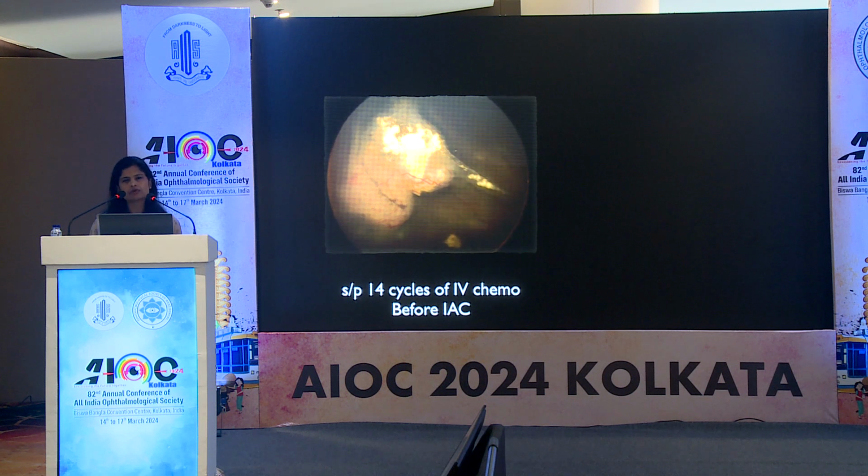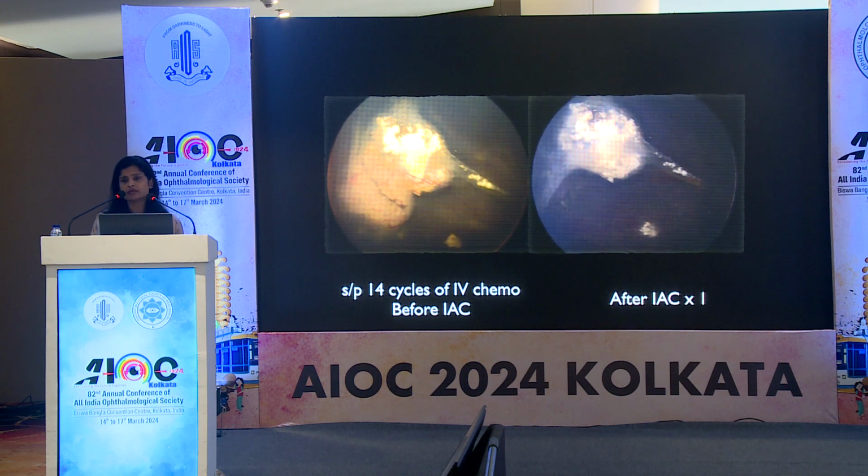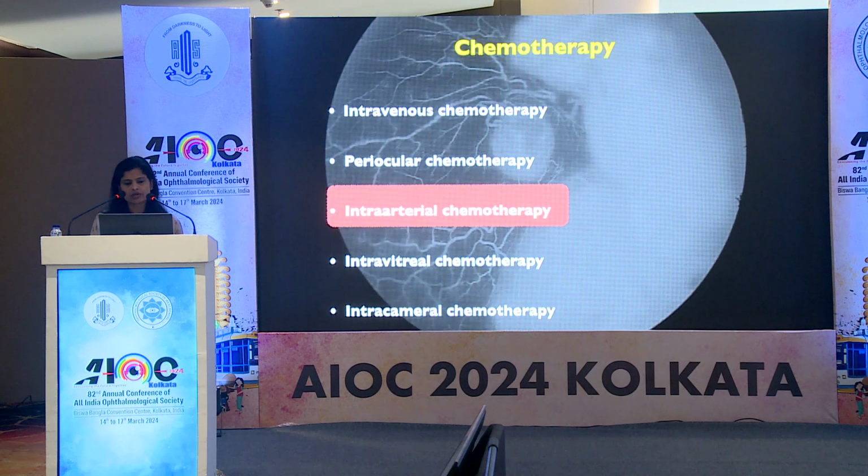Not really, because the cumulative dose of chemotherapy is going to cause side effects for the patient. So for this patient, we chose to give intra-arterial chemotherapy. And you can see that after just 1 cycle of intra-arterial chemotherapy, the child had a very good response. So this goes to say that we have to have an interplay between different forms of chemotherapy and know when to choose which form of chemotherapy.